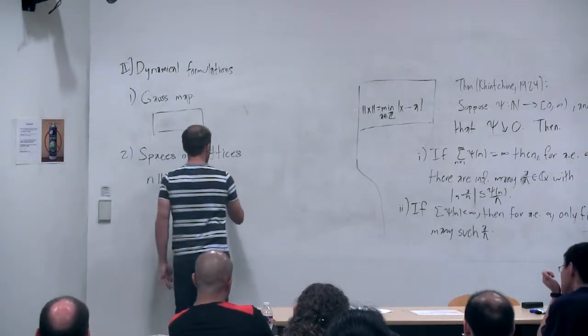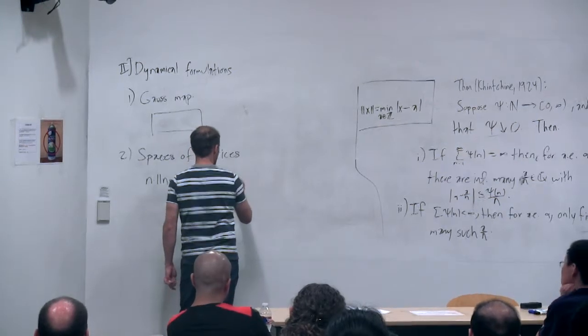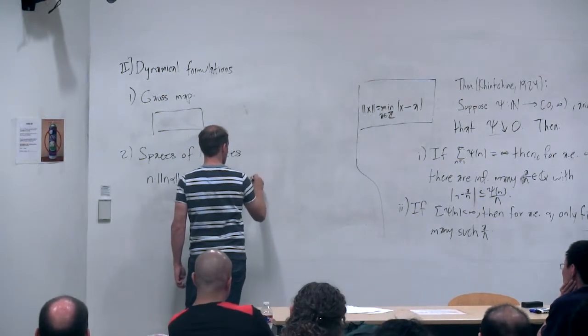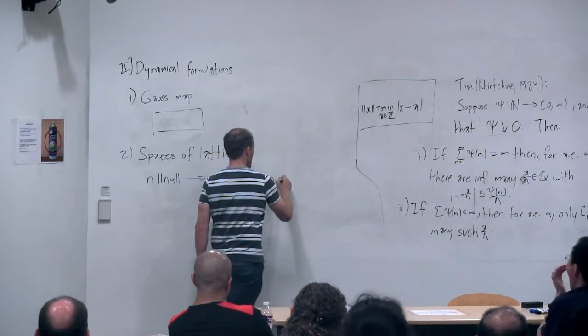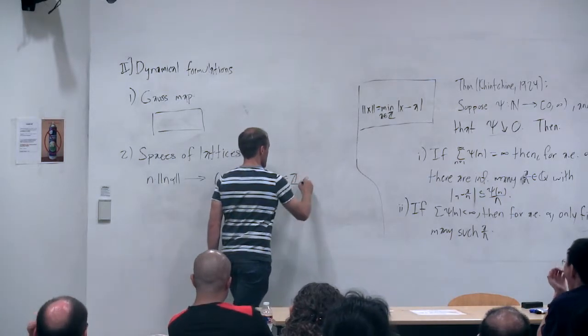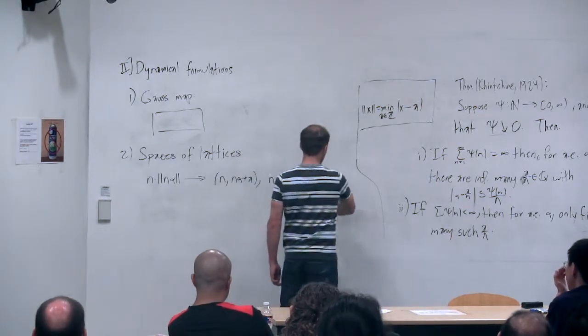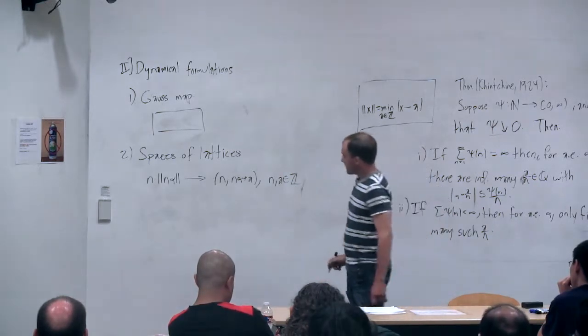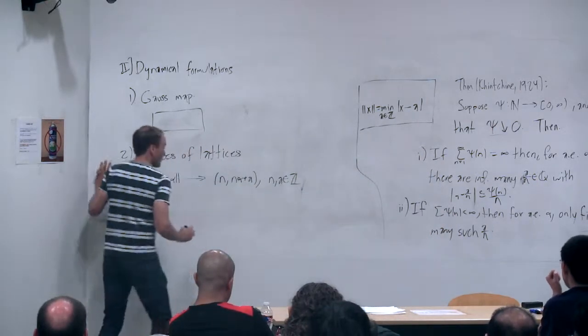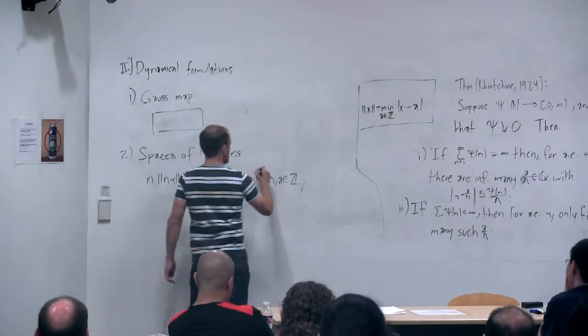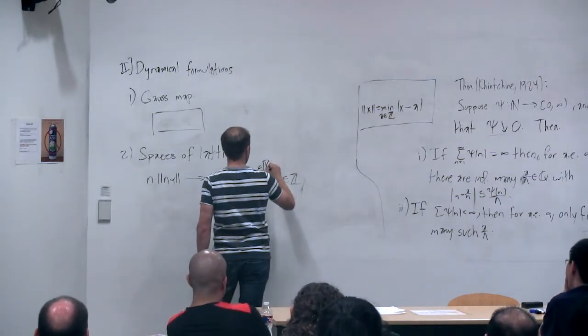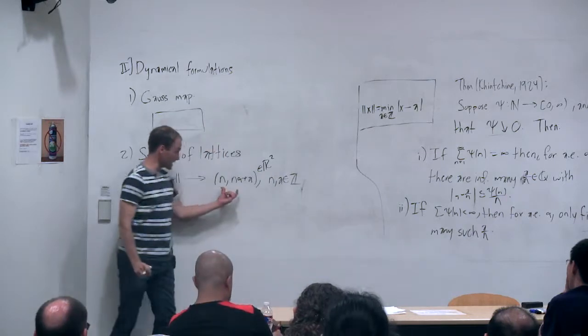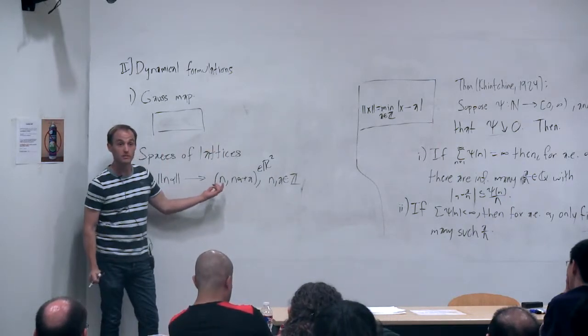Okay? So you look at the collection of all pairs of the form (n, n alpha plus a), where n and a are integers. Now, if I'm thinking about these points as points inside of R2, then what can I say about this collection of points in R2?